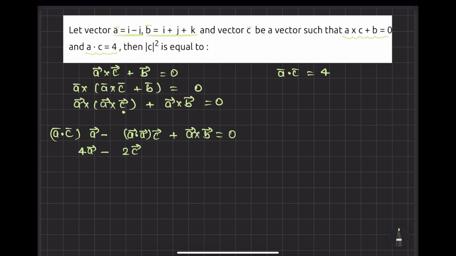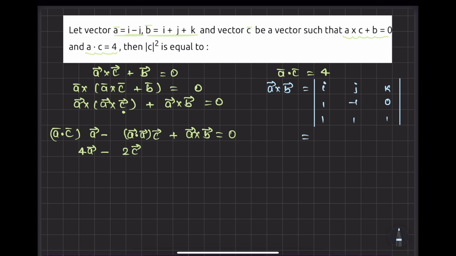So, first find out A cross B. Okay, look at this. I'll change the color. So, A cross B. It is i, j, k; 1, minus 1, 0; 1, 1 and 1.